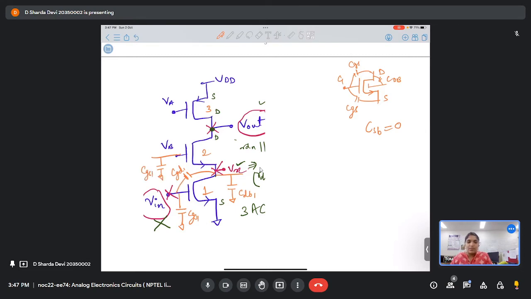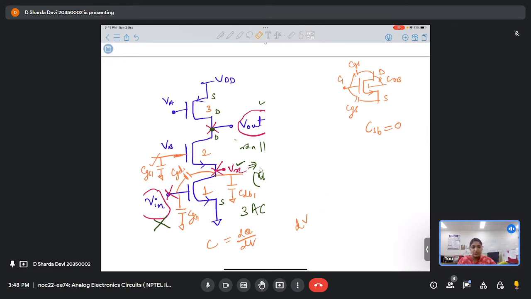CGS. Does this transistor have CGS? See, C is dq by dV. So will this transistor have CGS is the question. Its gate is AC grounded. So there won't be any possibility of dV, right?